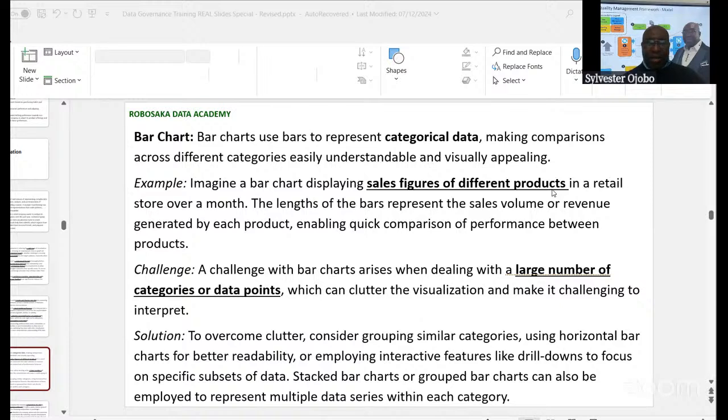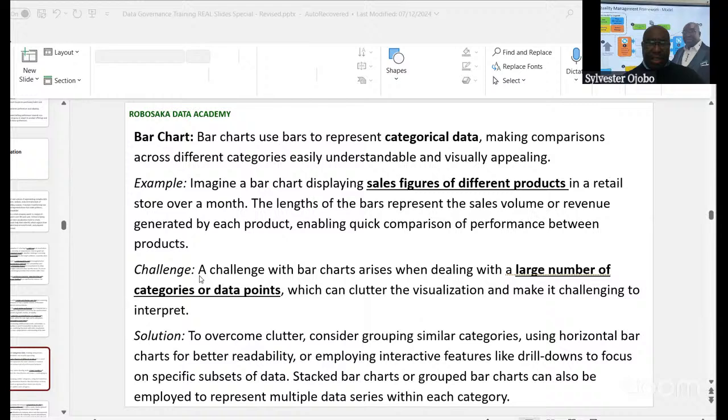The length of the bar represents the sales volume, or the revenue generated by each product. That enables quick comparison of performance between products over time. Bar is normally very big in a way.